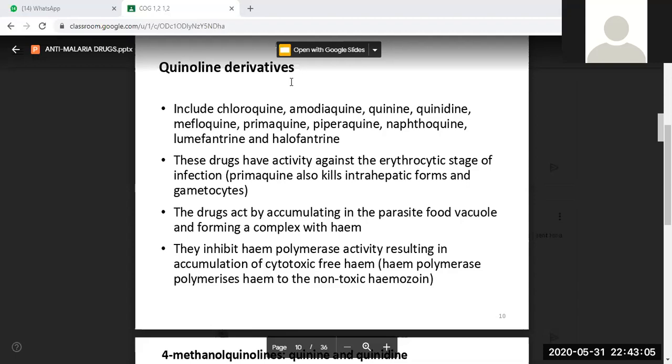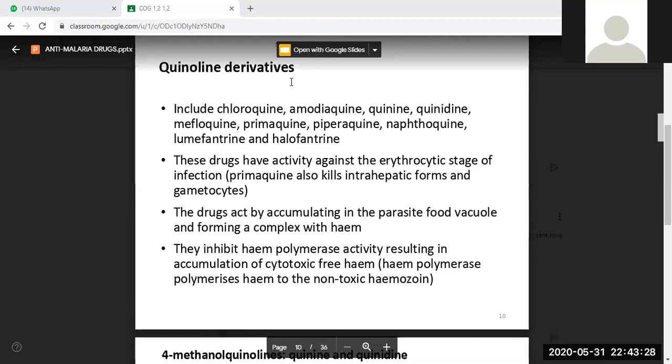Remember, we said there is going to be inhibition of polymerization of heme to hemozoin. Heme is very toxic to the parasite. So when this complex is formed, that polymerization to hemozoin will be inhibited, and then the heme will have the toxic effect on the parasite.